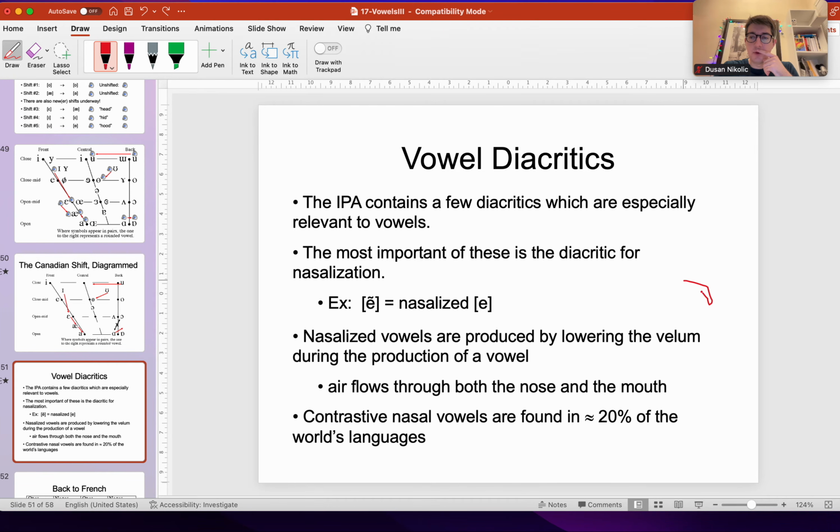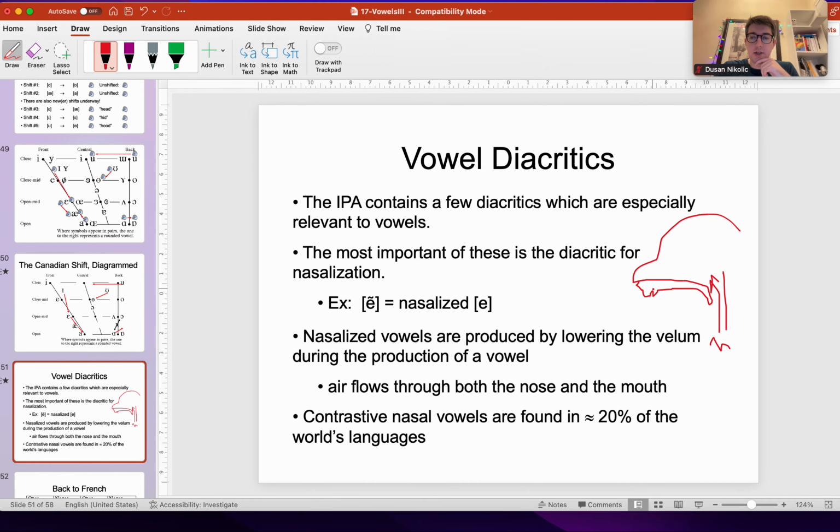So if you lower the velum, air can get through your nose, right? Let's assume here should be the nose. Okay, yeah, a beak rather than a nose, but that's okay. You get the point.